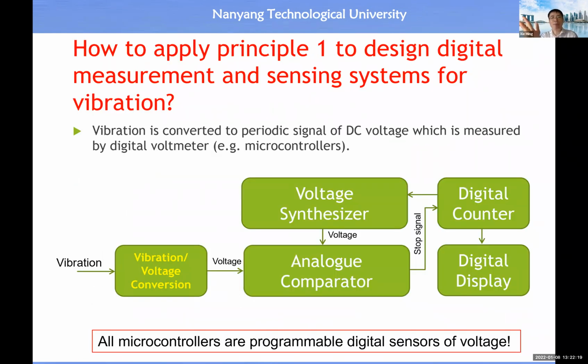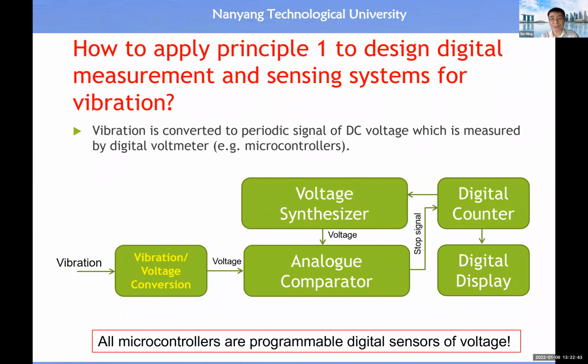So how do we apply principle 1 to guide the design of a measurement and sensing system for vibration? This principle is to convert vibration into a periodic signal of DC voltage. Then we apply a microcontroller to do the conversion from analog value to digital one. So here we leverage this feature of a microcontroller.